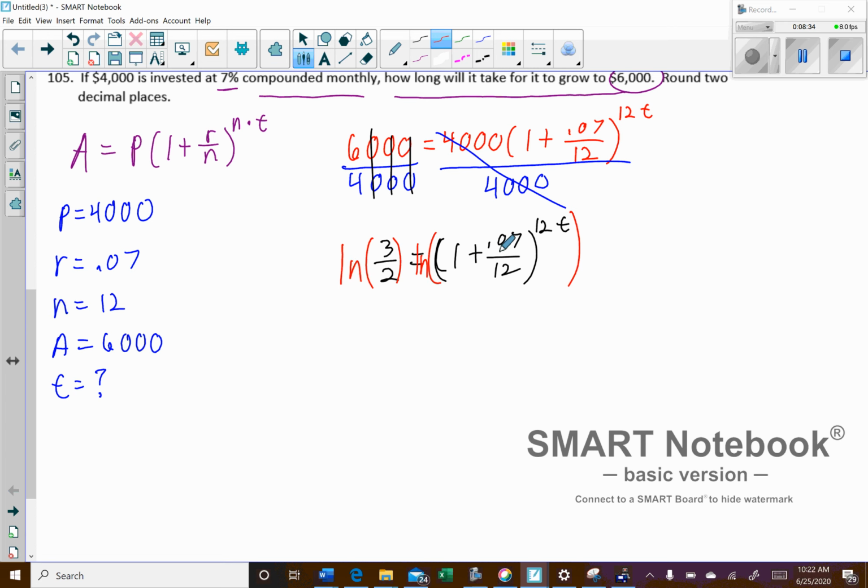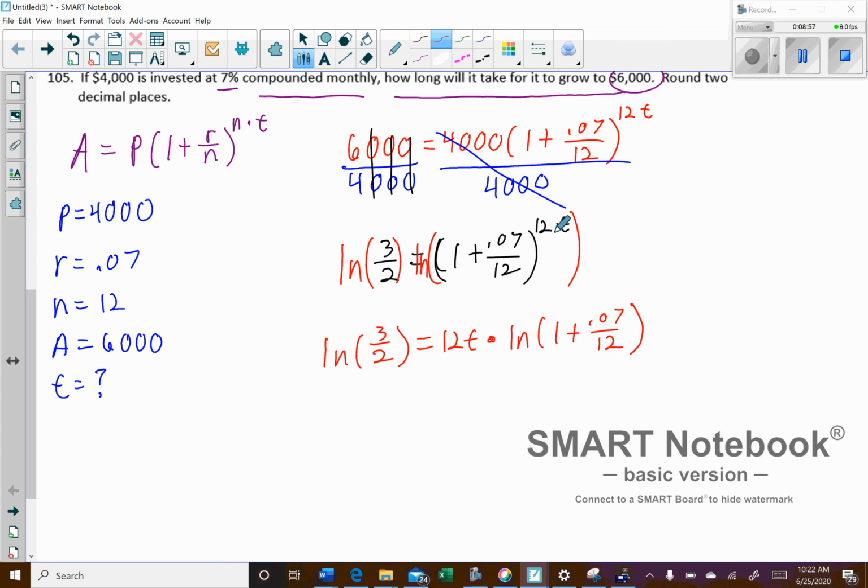But what this will allow me to do on the right side is use my power property with logarithms. I can move the 12t out into the front, and then I have natural log of 1 plus 0.07 over 12.